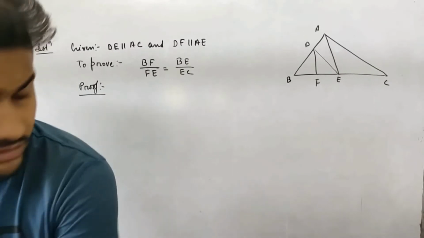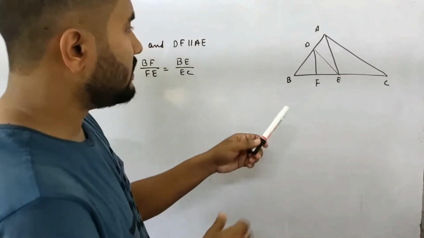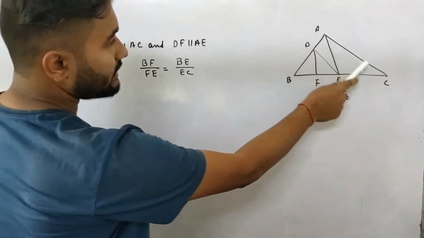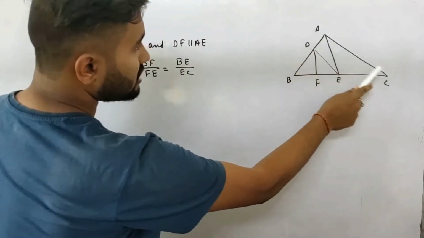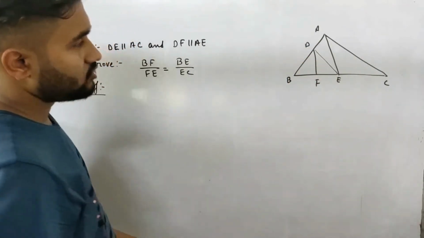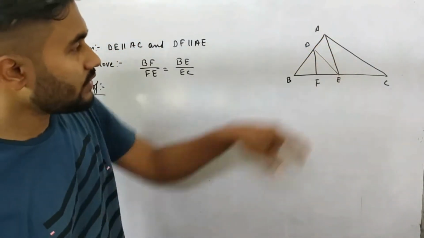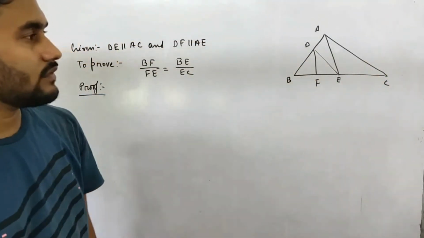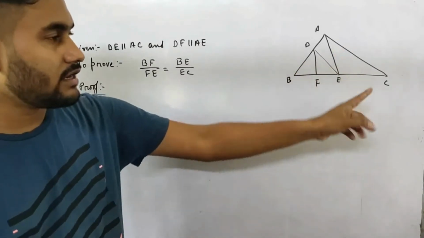That we have to find it first. So this is DE, right? This is DE and this is parallel to AC. So AC is the larger part. So that means AC will definitely come in the triangle. So what will be the triangle? See, DE parallel to AC. The triangle will be A, B and C. In this triangle only DE is parallel to AC.